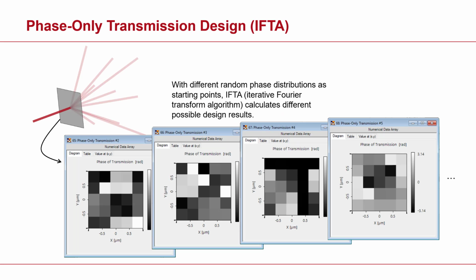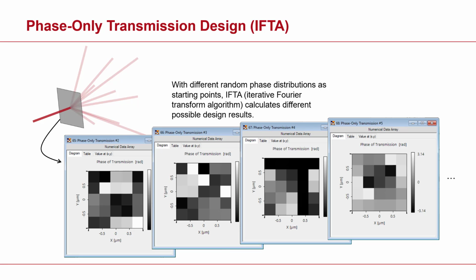So let us take a closer look at the functional design stage. To that end, we're going to use the IFTA, the Iterative Fourier Transform Algorithm. This is a tool that is also provided with VirtualLab Fusion.